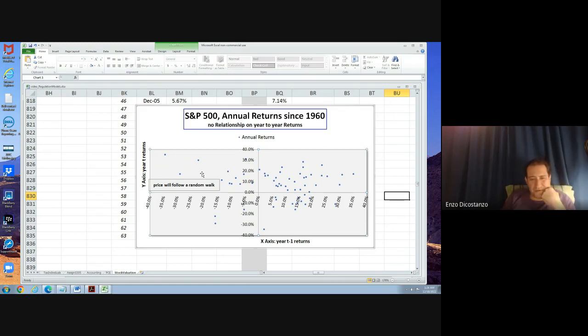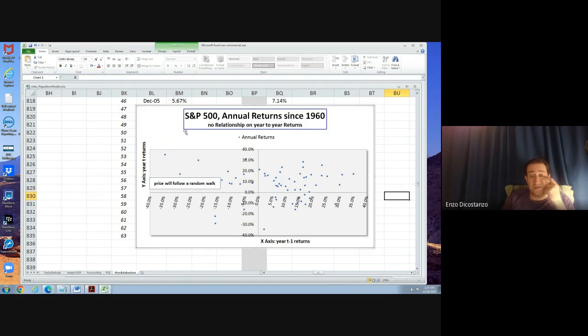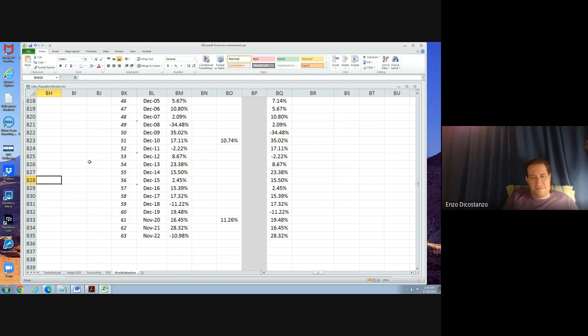And we can even put a fill, a white fill. A little bit better standout on that.